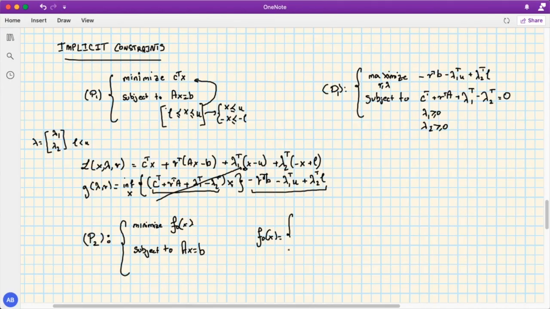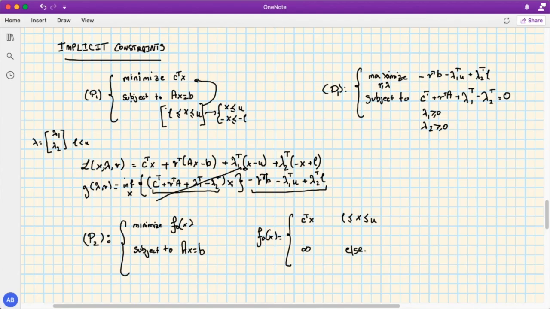If I respect this constraint that I absorbed into the cost, I'm going to return c transpose x only when x lies within the box. Else it is plus infinity. Okay?